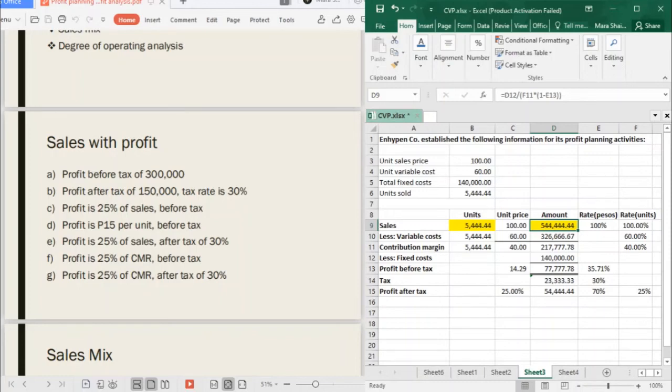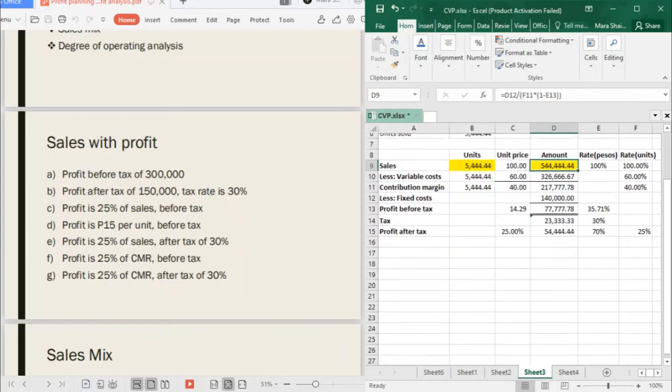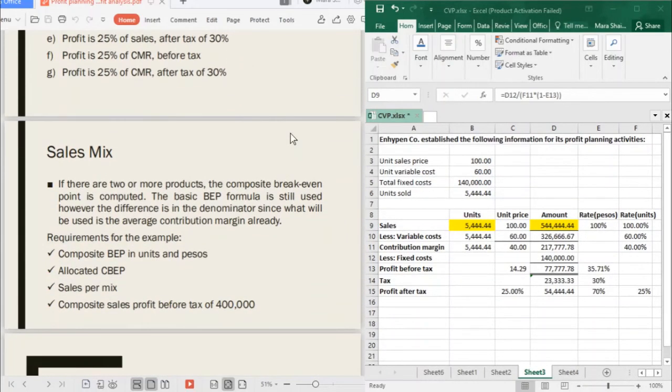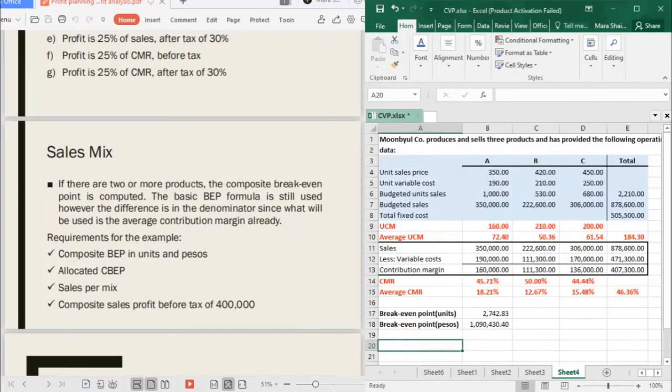profit. Now, let's move on to the last part, which is the sales mix. Now, sales mix, it is when there are already 2 or more products na involved. Now, I this itong next example.